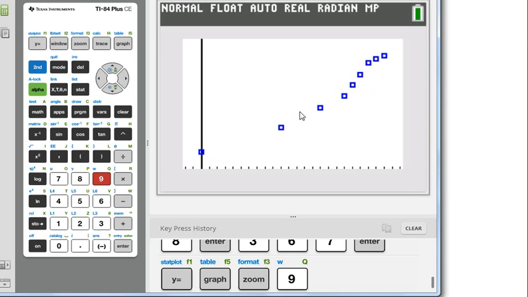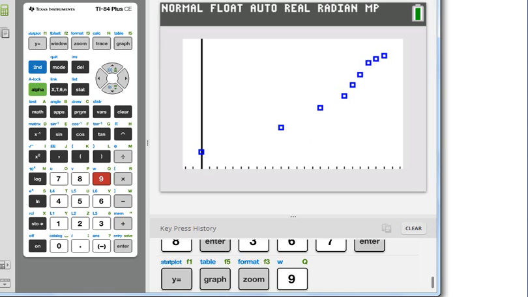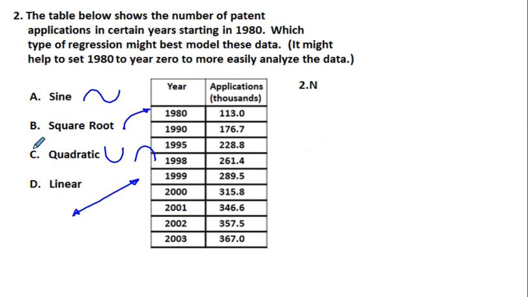And this is not super deterministic here. It doesn't look linear, definitely not a sine or a square root function. Probably the quadratic is the best fit to model this. And so based on that, C is going to be our best answer.